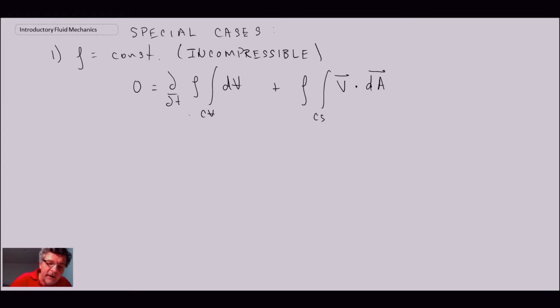The next thing I can do is look at this here. Once we pull the density out, that is just the volume because it's the integral, and the control volume itself does not change with time. Consequently, that can be rewritten.